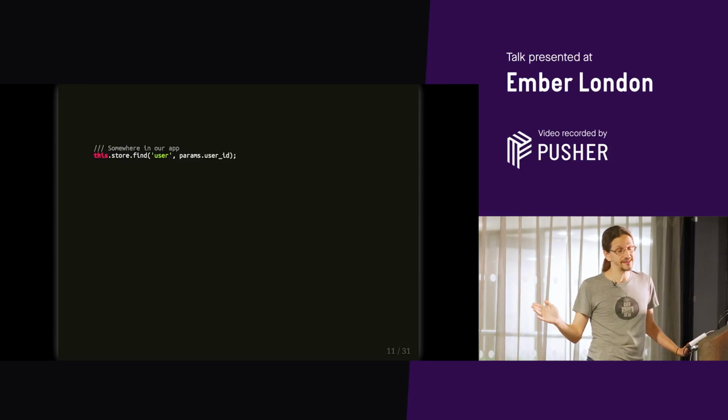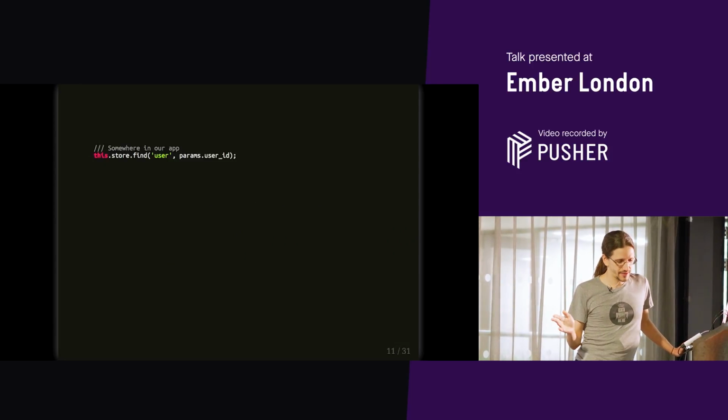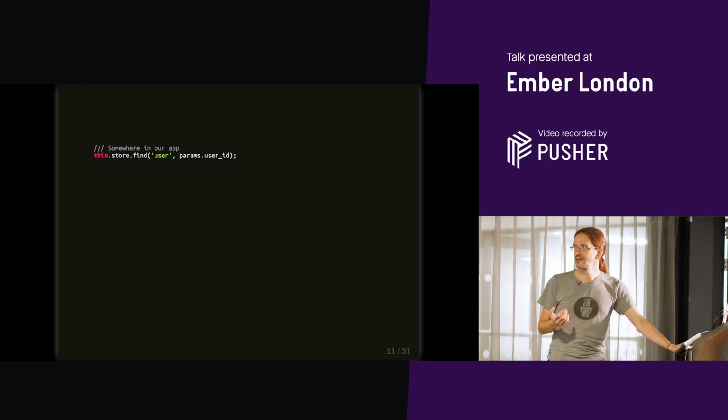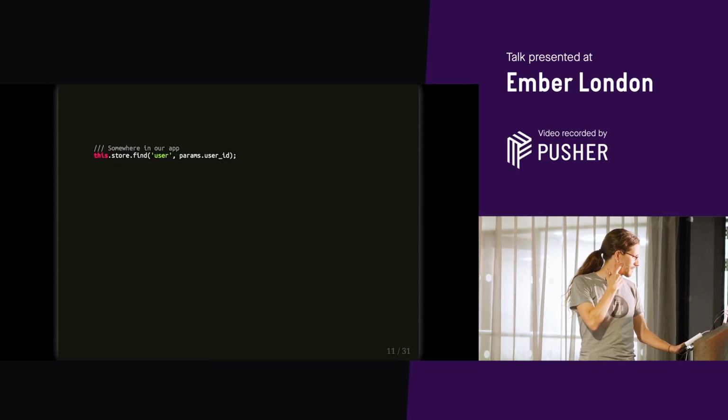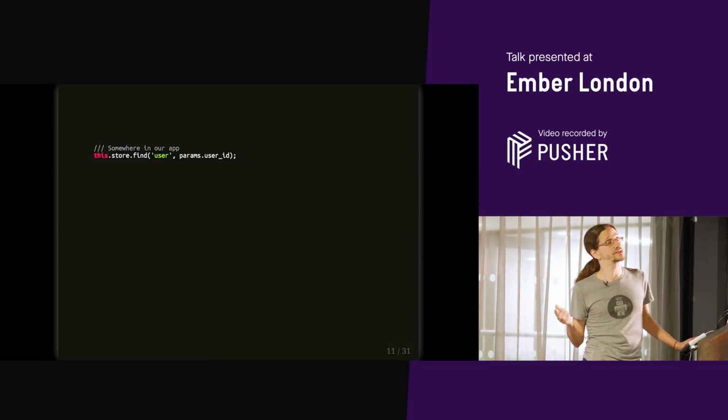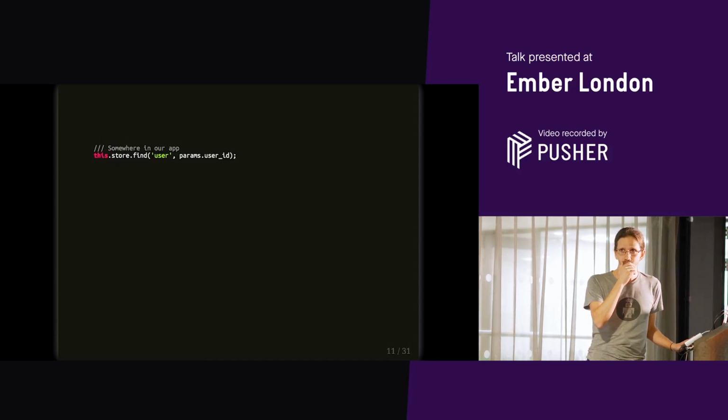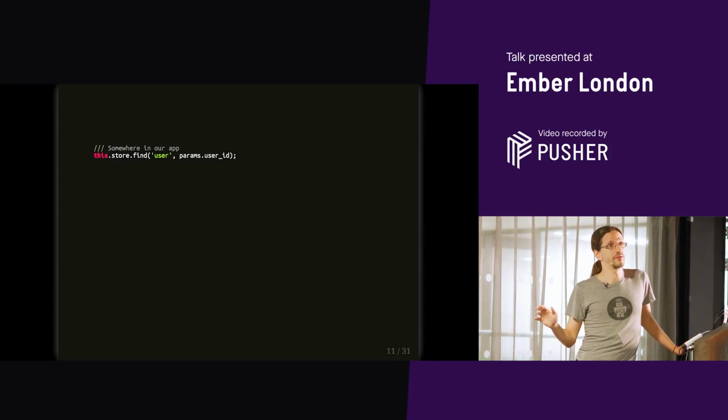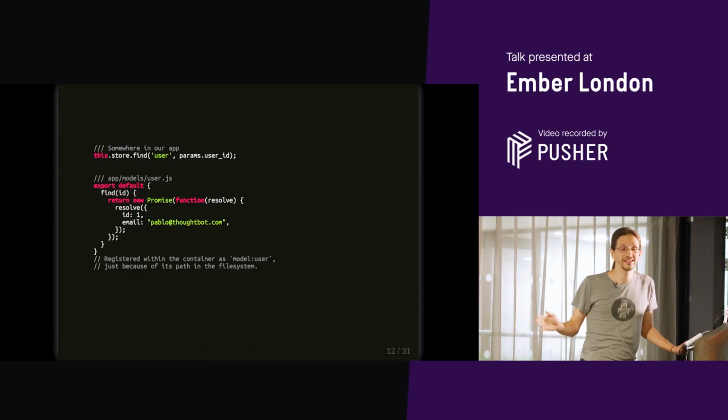We have this. And as I was saying, we are not using Ember Data here. So the question is, how does this work? Well, it works because Ember already provides a default store, and it is such that we can provide a module such as this one. And this is just a simple POJO, a plain old JavaScript object.